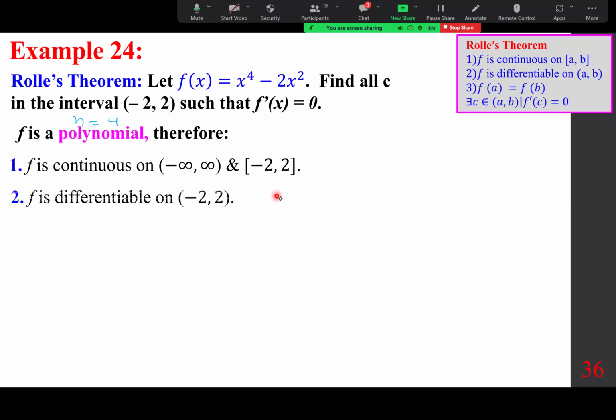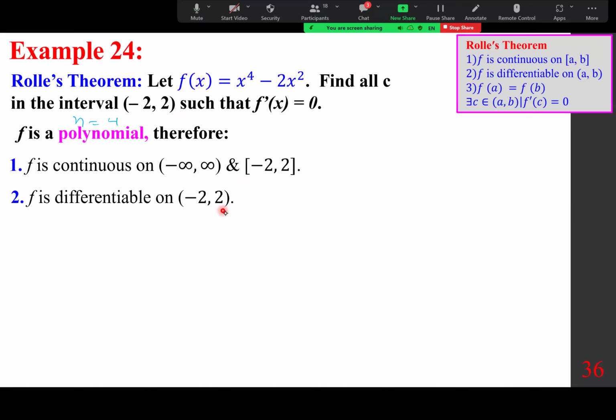And it's differentiable everywhere. It makes it differentiable from negative 2 to 2 as well. So it's important to understand why it happens, okay? It's a polynomial, and that's the reason.